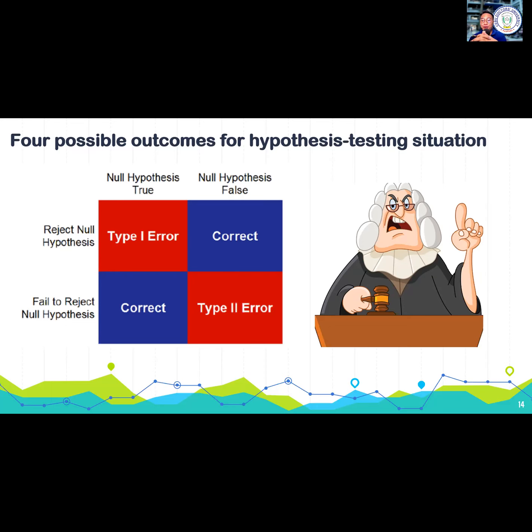Let's say, for example, the accused really did the murder. Let's just assume that he did the murder. However, the jury decides to drop the case. The reason is, the evidence against him is not strong. What type of error is that going to be?